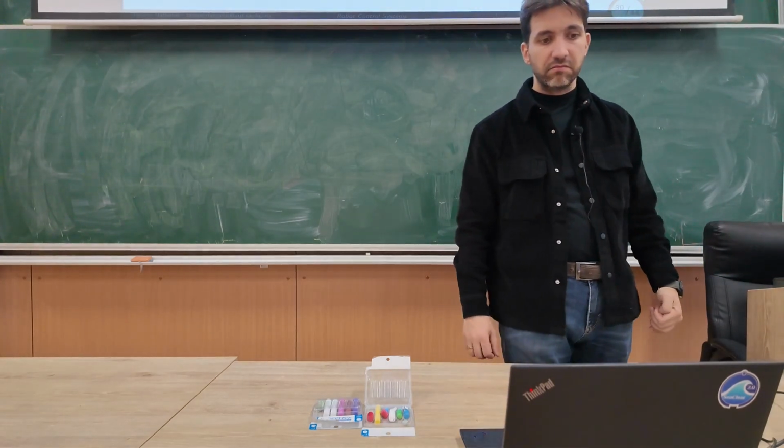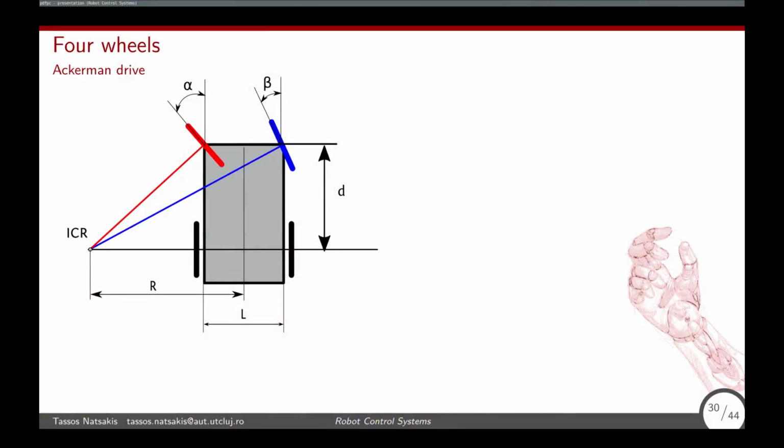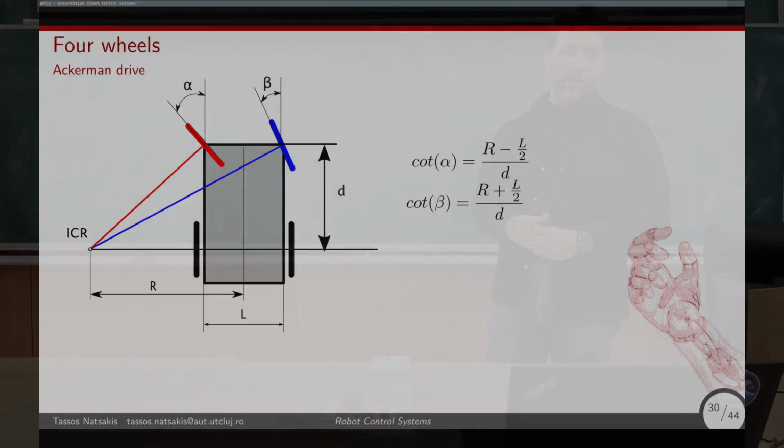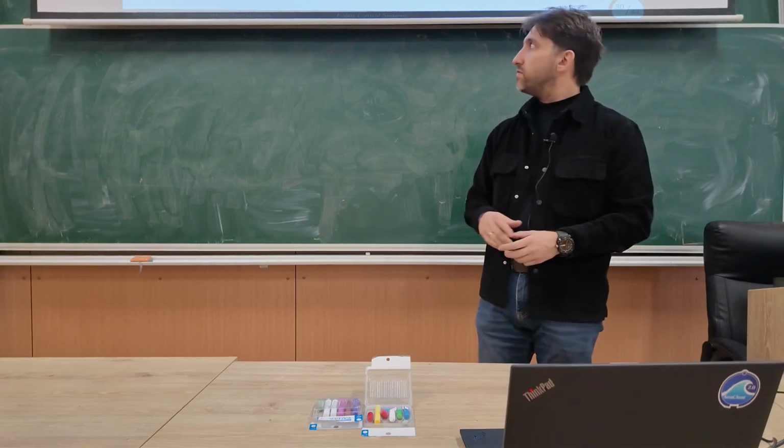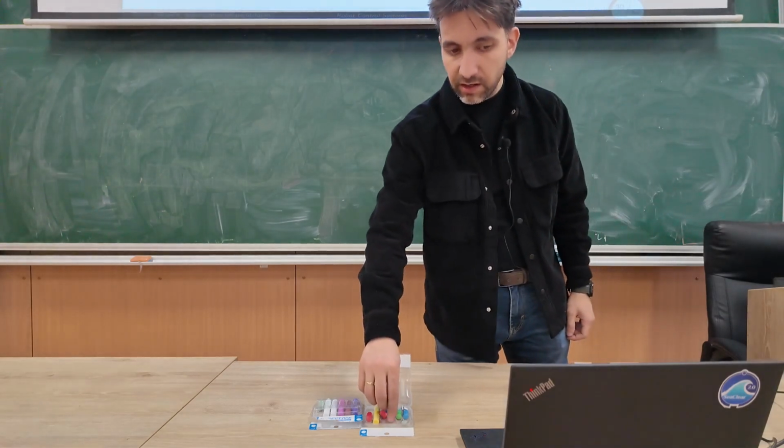And I can do this purely based on trigonometry. I can calculate these angles alpha and beta from these triangles and these dimensions, the distance between the wheels and the distance between the rear wheels and the front wheels. I calculate based on cotangents, or I can do the inverse and use the tangent. What do I have here? I have these triangles.